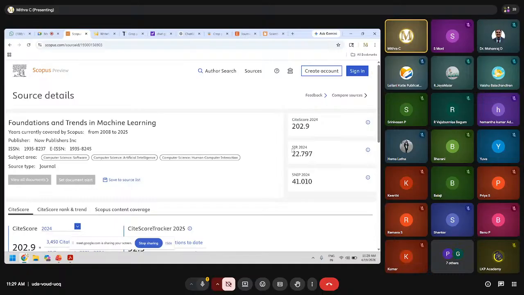Two things are considered for SJR. Based on the citations and reputation of the journal, this score will be calculated. How many citations a particular paper has received, and how many articles have been published in the stipulated period of time. Based on this, the SJR score will be awarded. The greater the number, the greater the score.